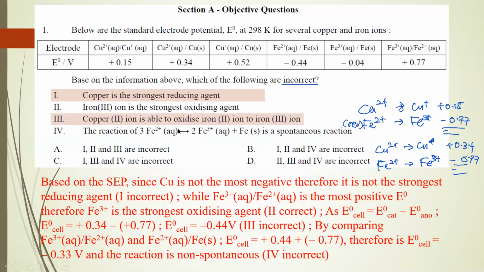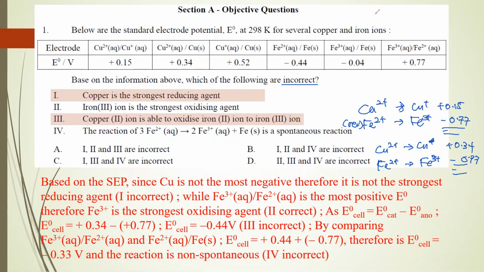And lastly, the reaction of 3 Fe2+ to 2 Fe3+ and Fe is spontaneous. So you compare between which reaction and which reaction. You compare Fe2+ to Fe, and also Fe2+ to Fe3+. When you solve accordingly, I write the overall equation so that you can see clearly what we are discussing.